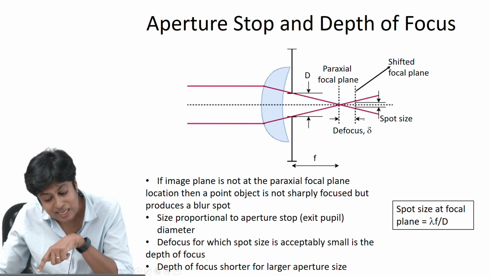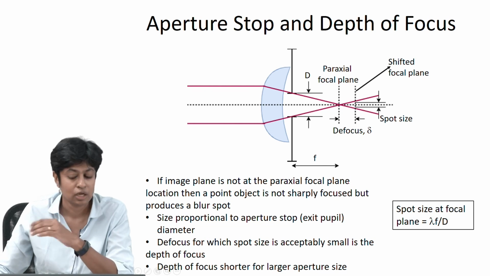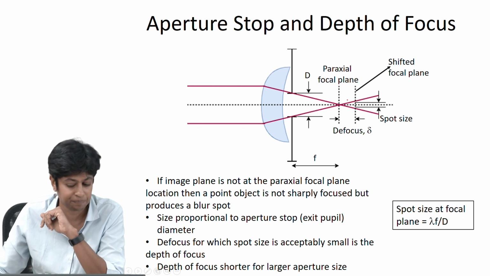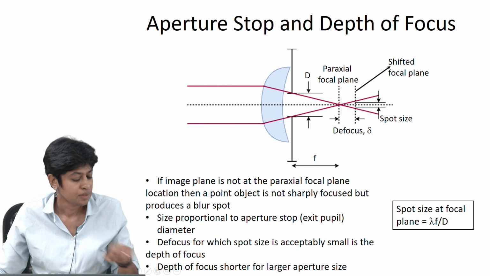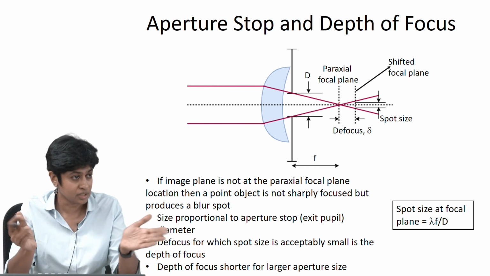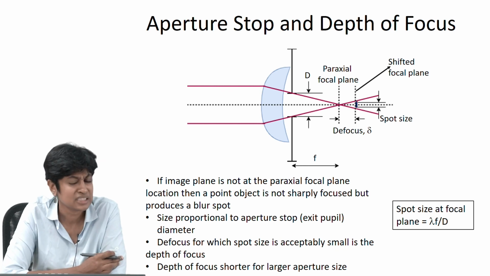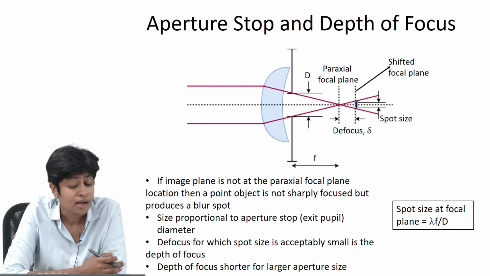If I go a slight distance away, let's say I defocus. So, instead of putting my image plane here, I go delta distance away. Now, you can see that instead of having a point focus, the beam has diverged. So, the focus now has this size. There is now a finite spot size, right?